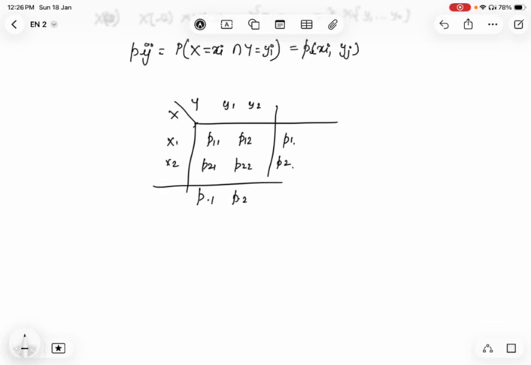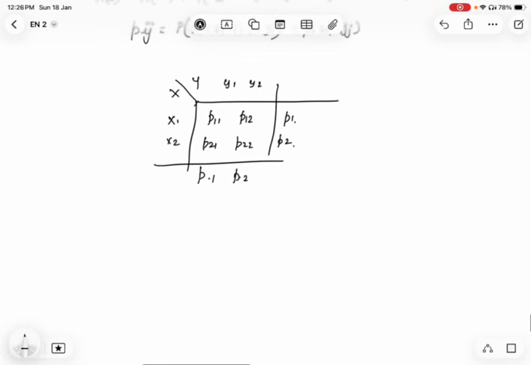Okay, now what is marginal? Marginal means, okay, let me write it down.